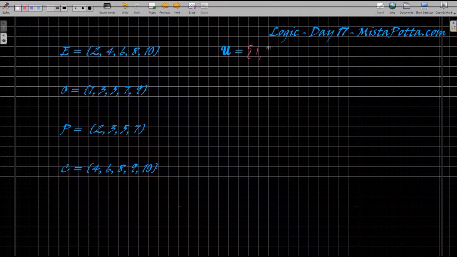It also has to have a 2 and a 3 and a 4, because I see those in the different sets. 5, 6, 7, 8, 9, 10. So my universe set is containing all of these elements. My universe is everything that we could possibly choose from.